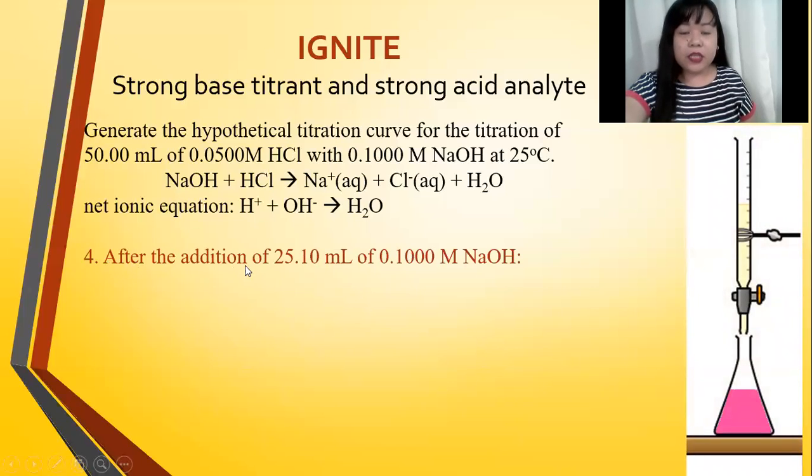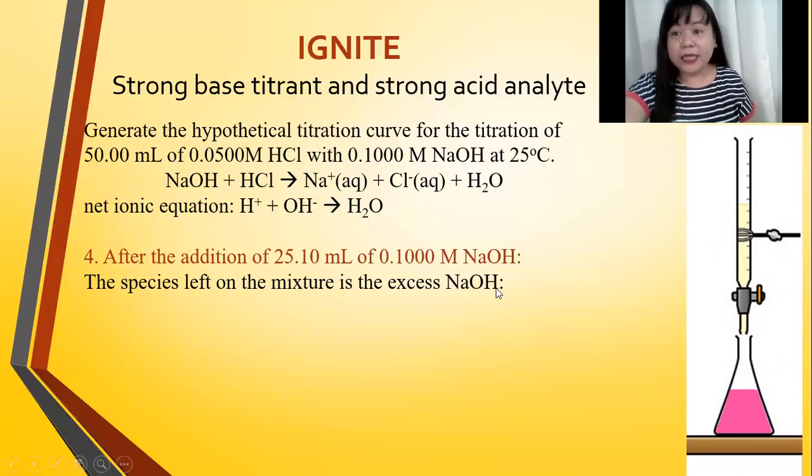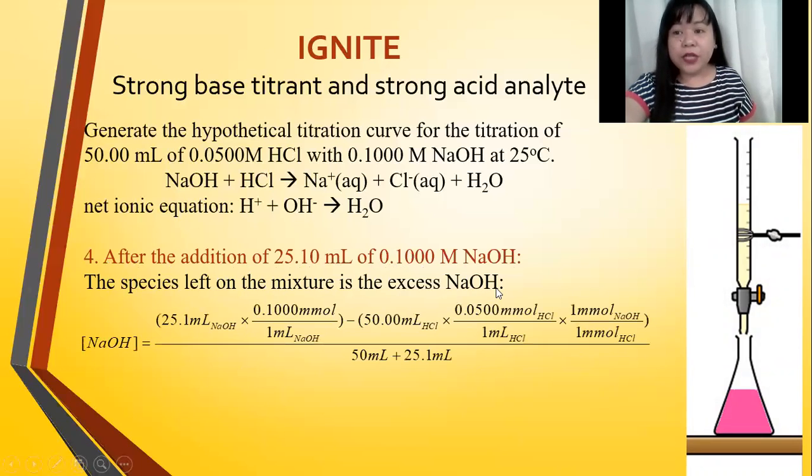Next, after the addition of 25.10 ml of 0.1 molar sodium hydroxide, the species left in the mixture would be excess sodium hydroxide. How do we know how much sodium hydroxide is in excess? That would be from the number of millimoles of sodium hydroxide we have added in total, minus the number of moles of sodium hydroxide needed to completely react with the hydrochloric acid present in the system.